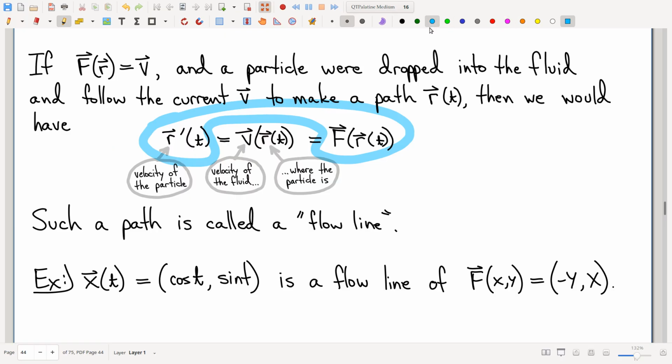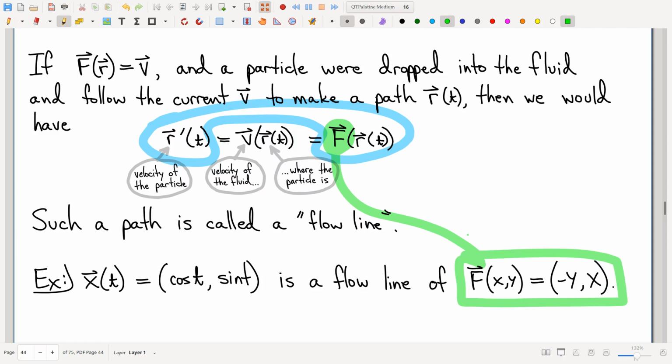I claim that if the vector field is this, now let's think this through, by the way. What is this vector field? Y'all recognize this formula? This is the stirred pot, the vector field that's kind of going around like this.